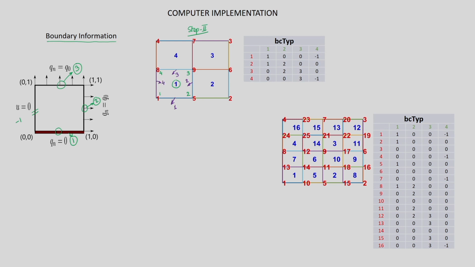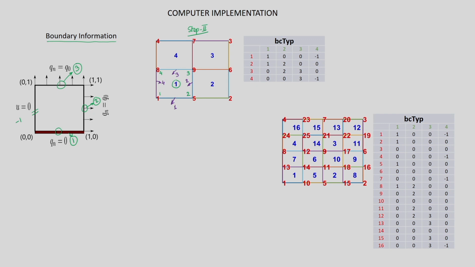So these are local edge numbers, and this is the same for all other elements: 1 to 2 first edge, 2 to 3 second edge, 3 to 4 third edge, and 4 to 1 the fourth edge. So the edge number is related to the local node numbers.